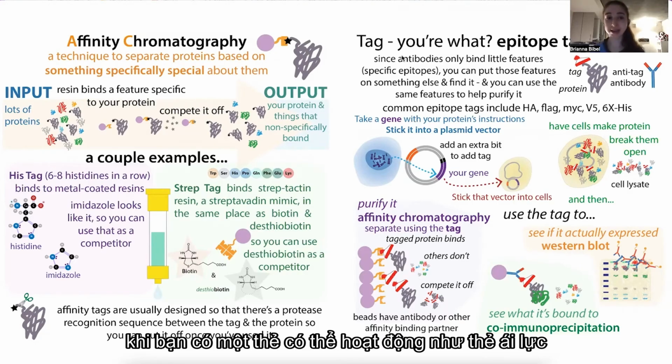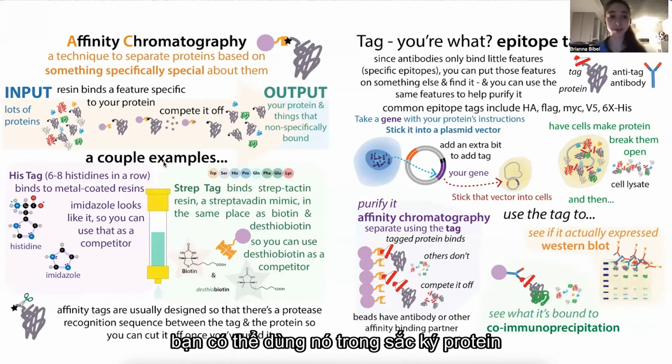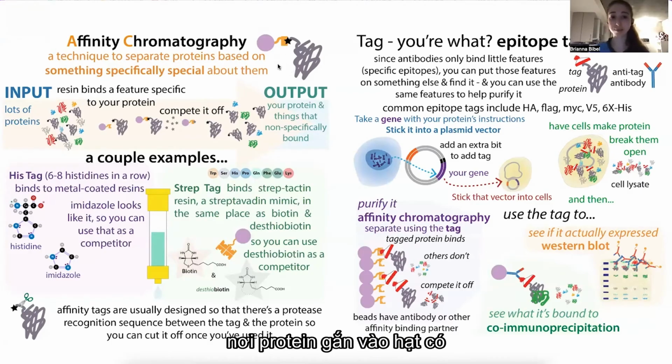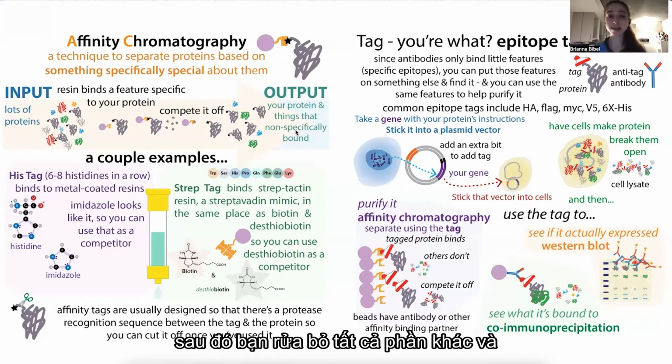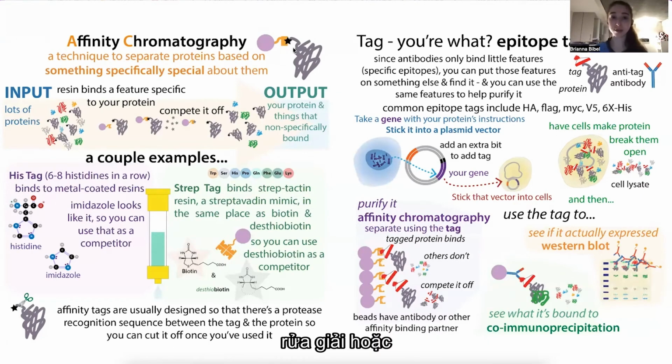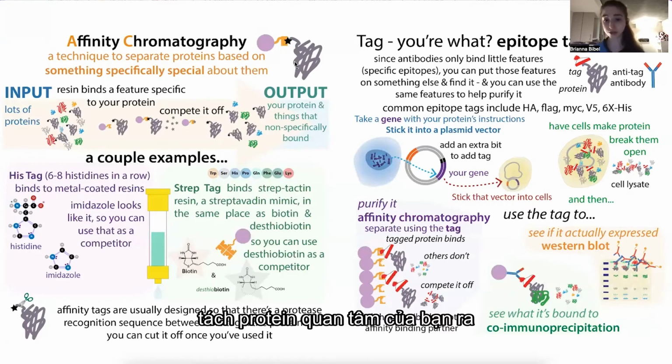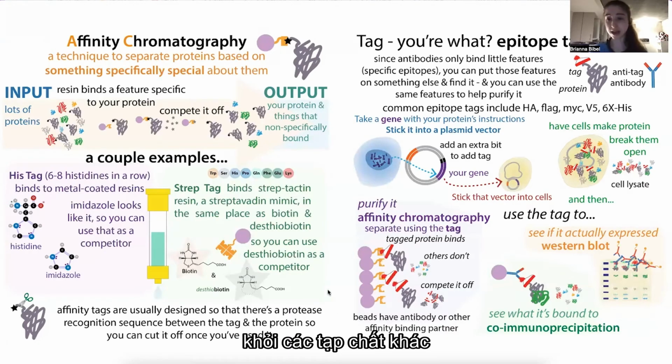So when you have a tag that can act as an affinity tag, now you can do things like protein chromatography, where you get that protein to bind to little beads that have a complementary feature to the tag. And then you wash everything else off, and then you can elute, or push off, your protein of interest in the absence of all that other stuff.